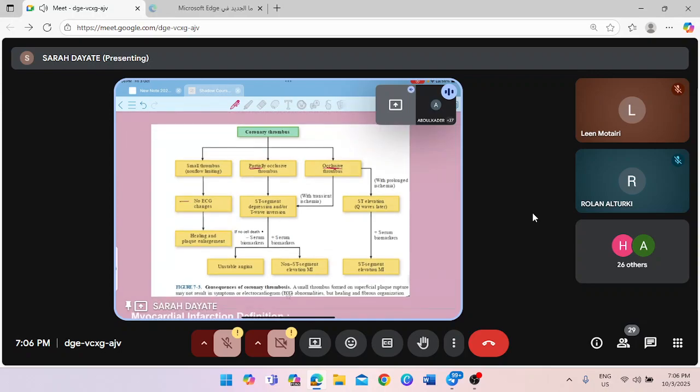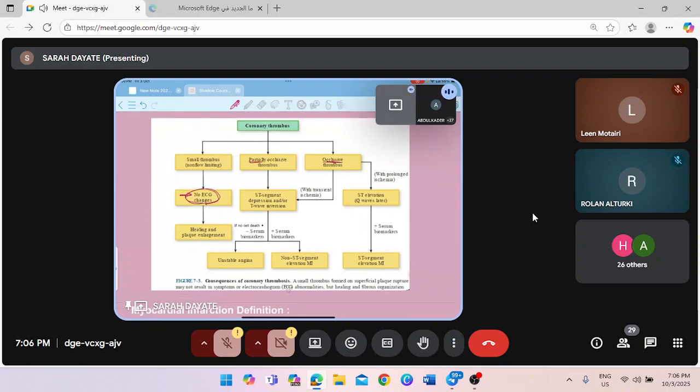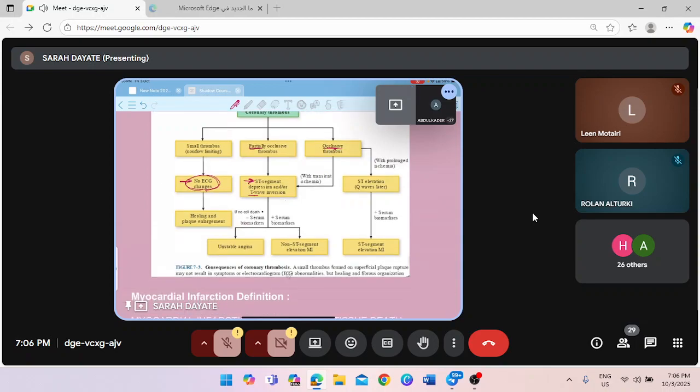With a small thrombus, you will see there are no ECG changes. In the partially occlusive thrombus, you get ST segment depression in the ECG, or the T wave is inverted. When it's unstable angina, we don't have a myocardial infarction yet, so we can't see any serum biomarkers. We will talk about the serum biomarkers that occur after myocardial infarction.